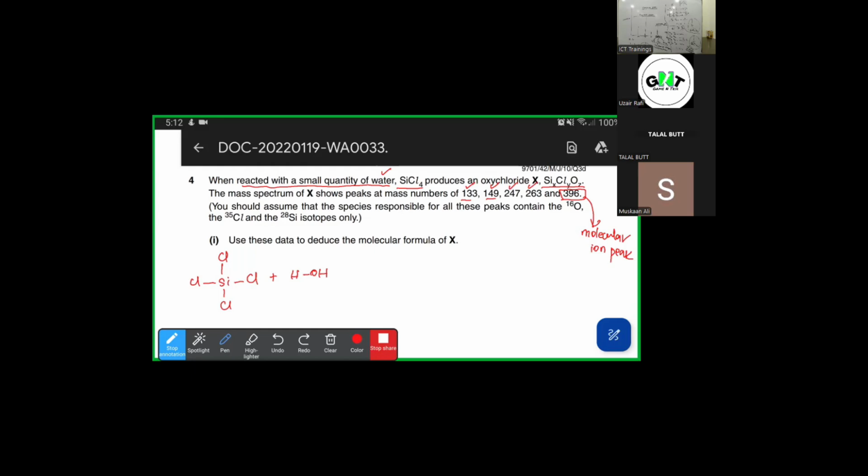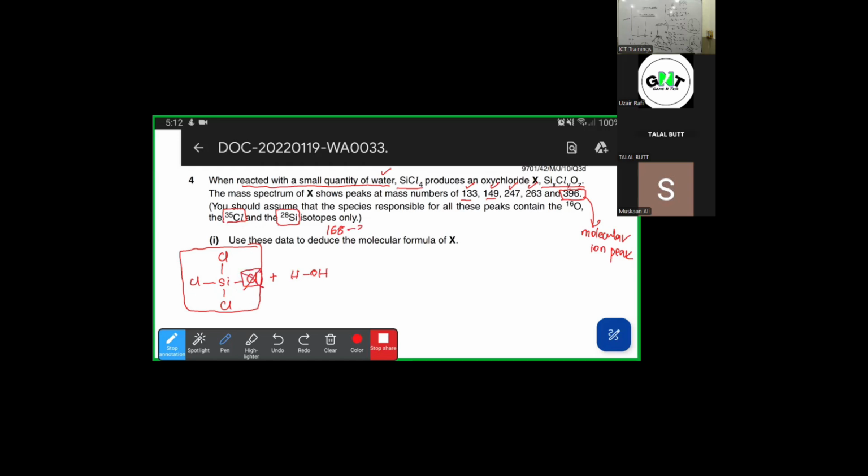First of all, let's find out the total MR of this SiCl4. He's going to say that for chlorine you should use this isotope 35, and for silicon you should use 28. So if you find out the MR of SiCl4, let me know what the answer is. 168. So 168, that is the MR of SiCl4. When the reaction occurred, one of the chlorine atoms comes out.